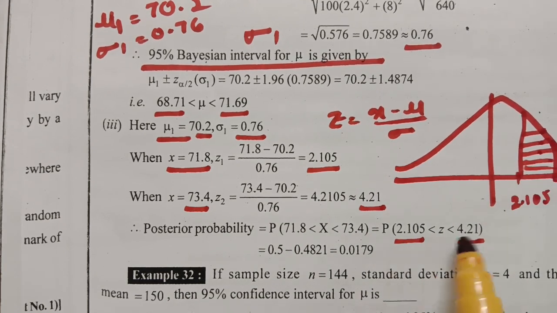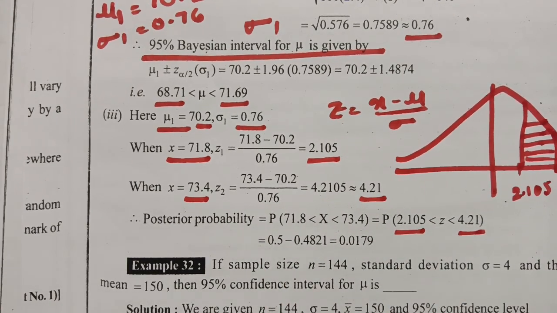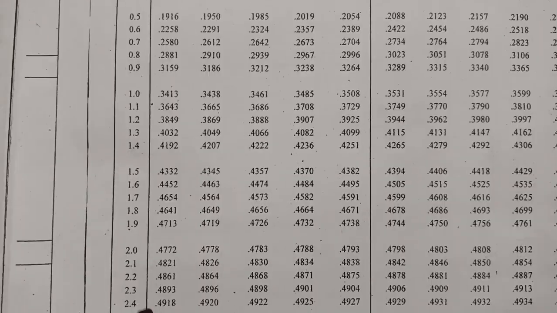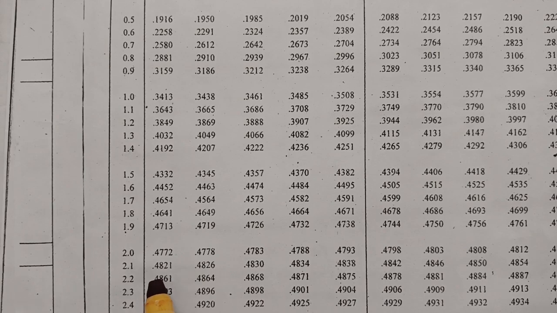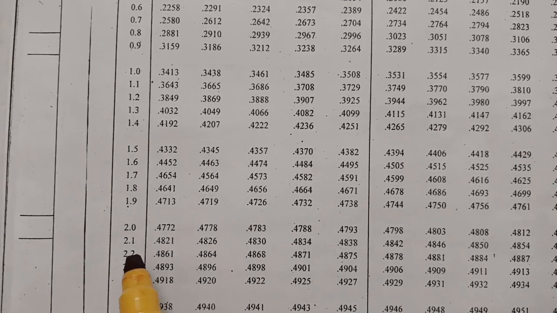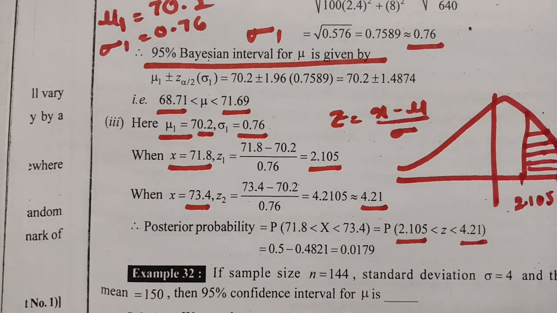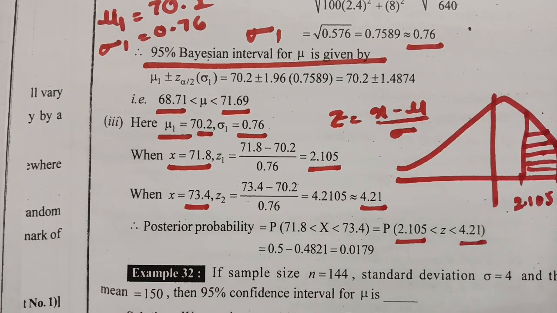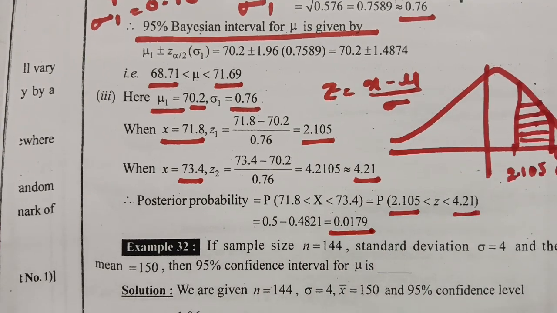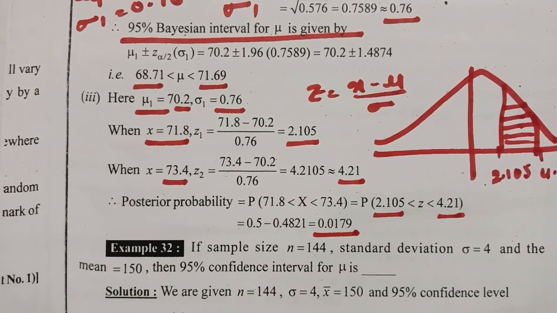In order to calculate this, 0.5 minus, from the normal distribution table, 2.1 under 0 is 0.4821. So 0.5 minus 0.4821, the value here is 0.0179. So this is how we have to solve all the three parts here.